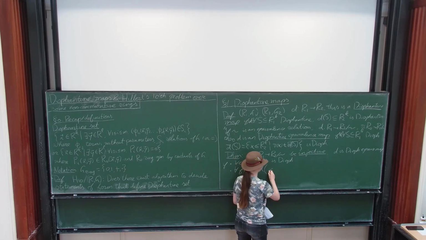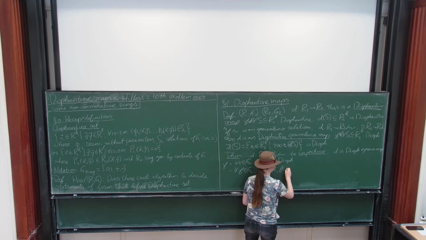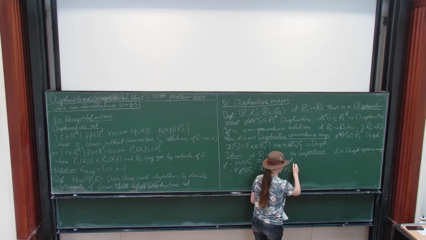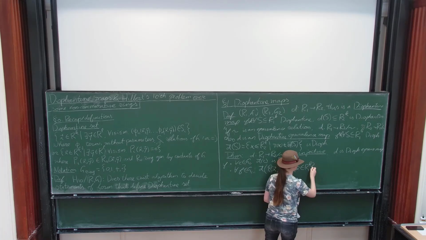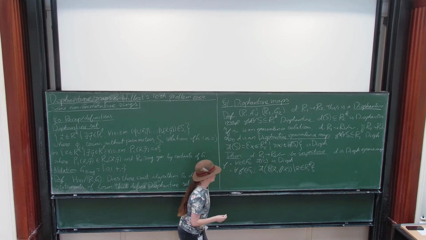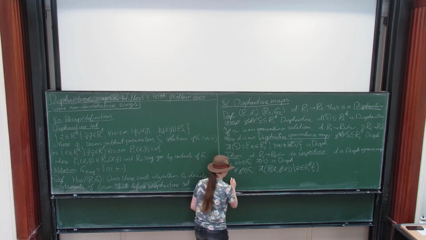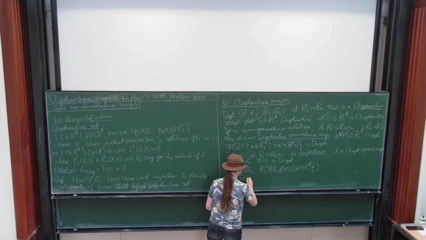So, D of the set of (x, f(x)), where x lies in the first ring. We want all our relations to behave nicely.